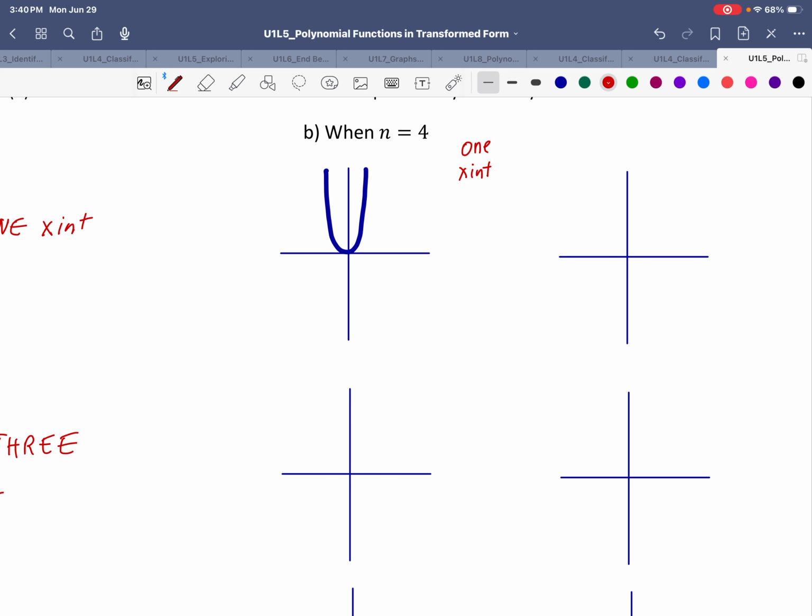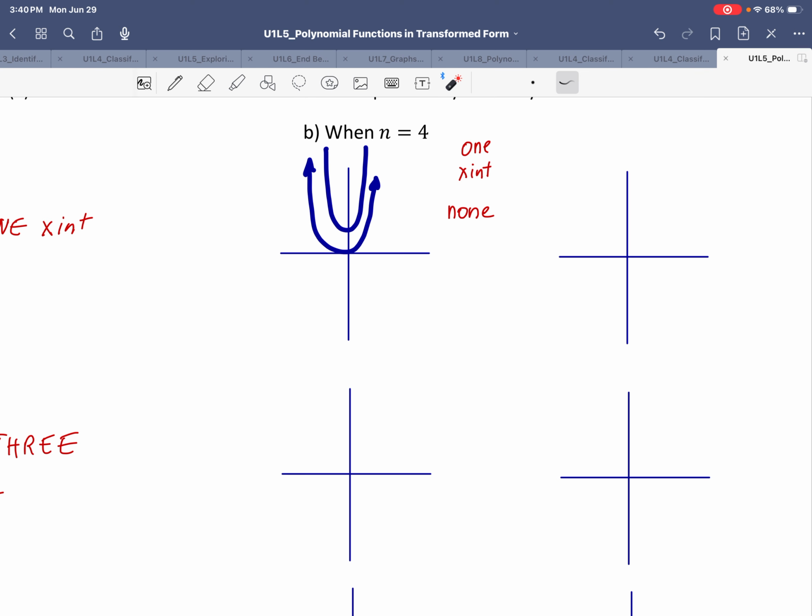And if we were to move this graph a little bit higher, you see that this graph can escape the x-axis, make no connections, so no intersections, and the graph can have no x-intercepts. So one x-intercept or no x-intercept. I'm just going to draw the graph here, a different one, doesn't matter. So it can have one, it can have none.